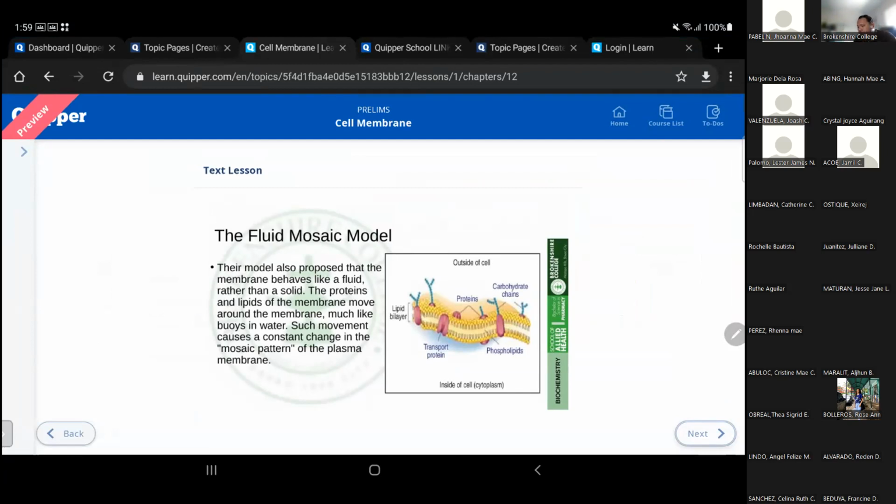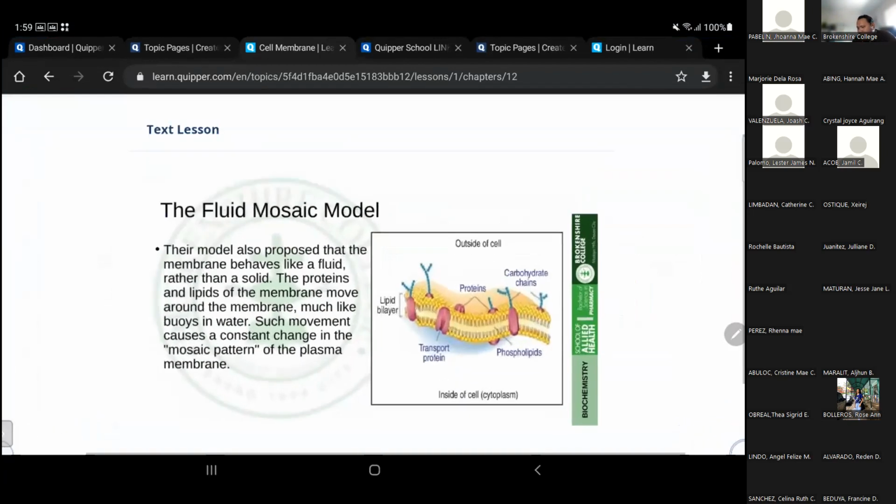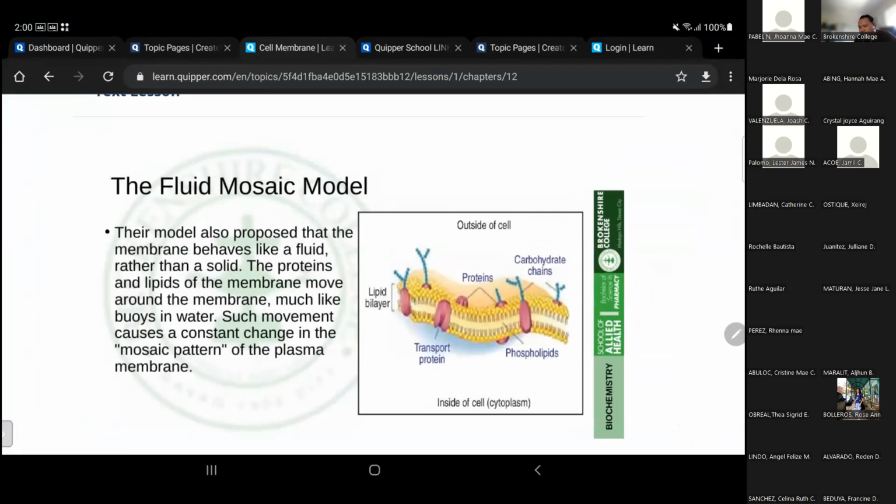It is mobile. So with that, the proteins and lipids of the membrane move around the membrane, much like buoys in water. Para siyang balloon in water. So ang mga transport proteins natin is parang nagaganon-ganon, creating a wave, no?